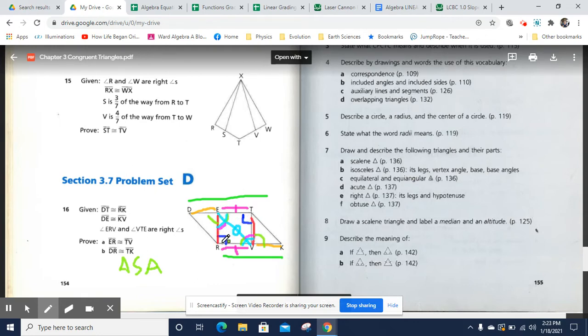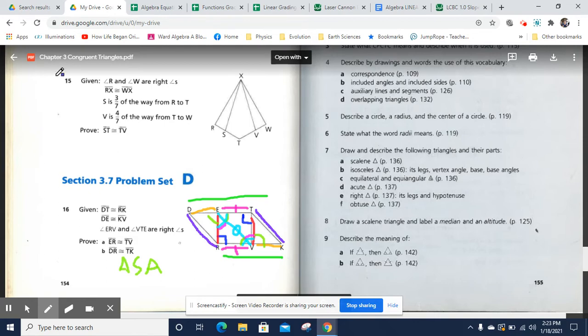And that led me to ways to prove that DR and TK are congruent, by using these triangles in combination to prove these angles were congruent, so that I could then use the givens of DE and KV being congruent in order to prove one last thing, which was simply that DR and KT were congruent.